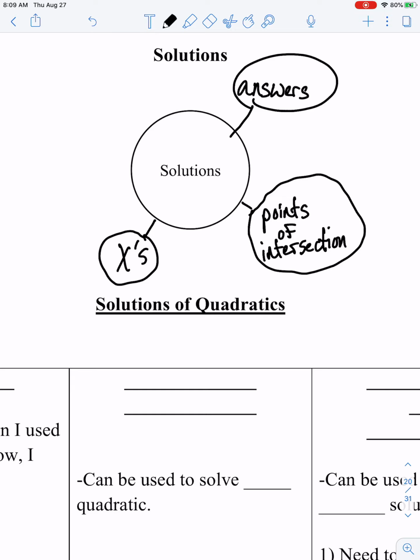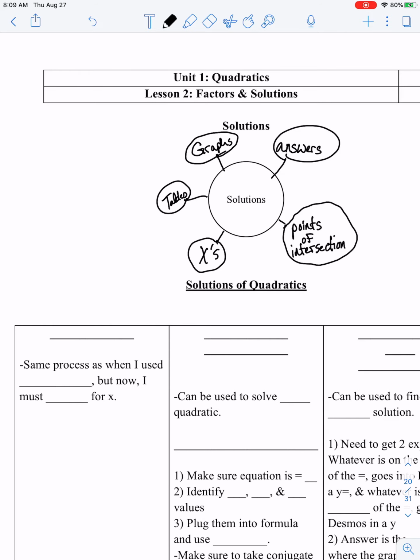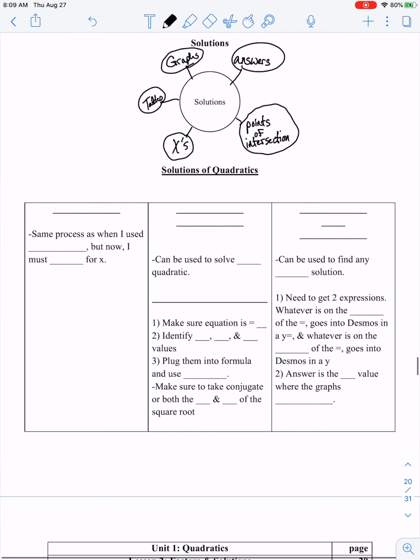And they can be represented by graphs and tables. In Math 2, we're going to look at only two, but I did want to put, you can find solutions using three different methods.